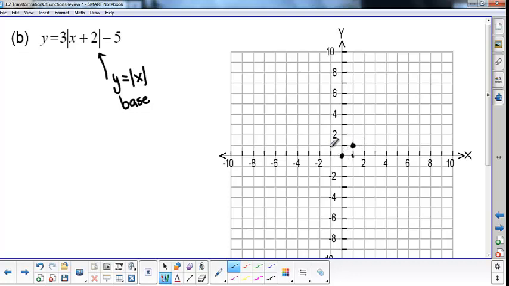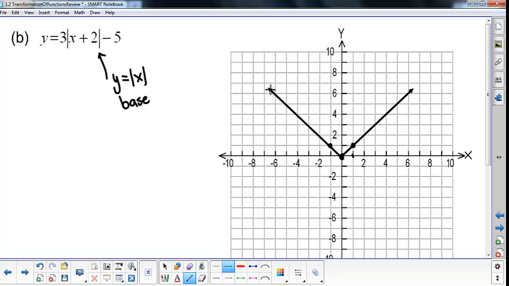If I sub in negative 1, I will still get positive 1. And that's how we end up getting that nice V shape. So y equals absolute value of x.